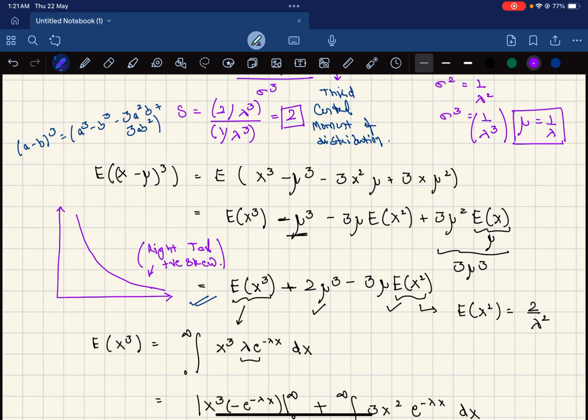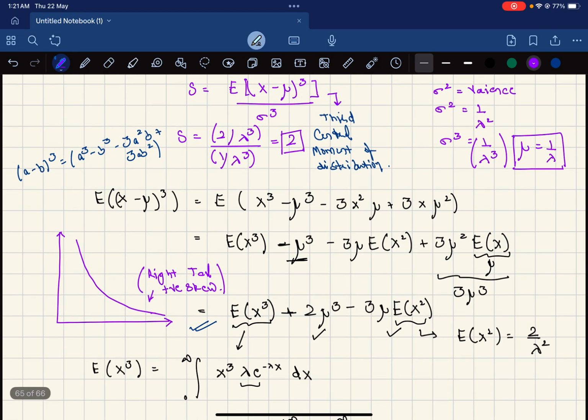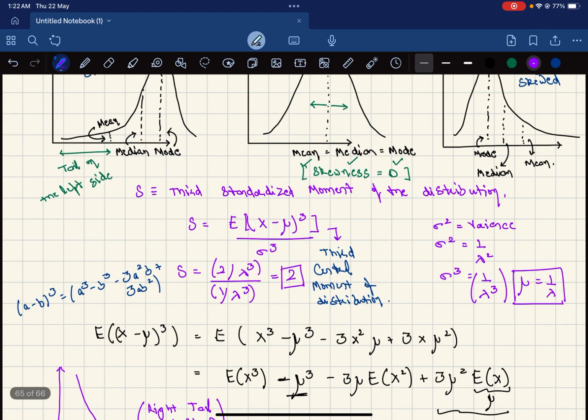So the exponential distribution has a constant skewness value of 2. Note that the skewness value is independent of the parameter of the distribution. The skewness of an exponential distribution is always equal to 2, and it is a right tail distribution since it's a positive skewed value. As you can see, we have got the value as 2 here.